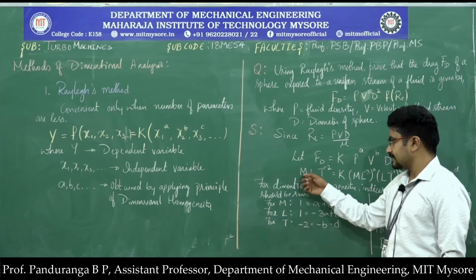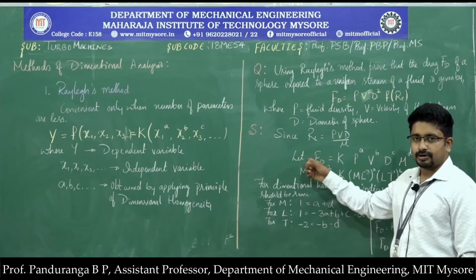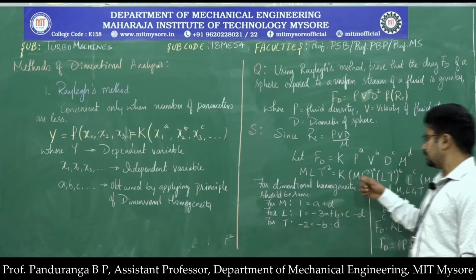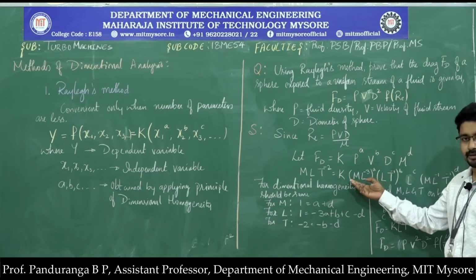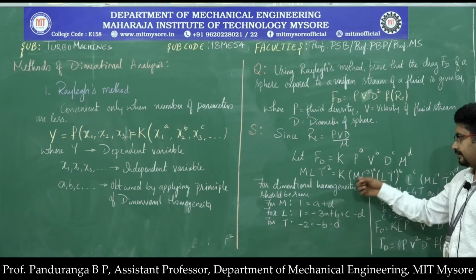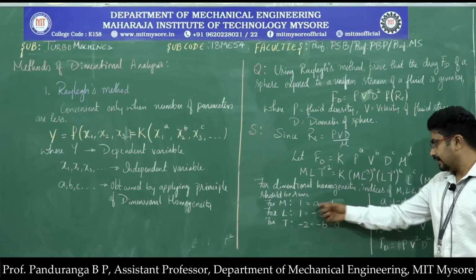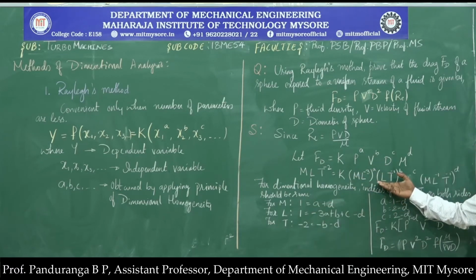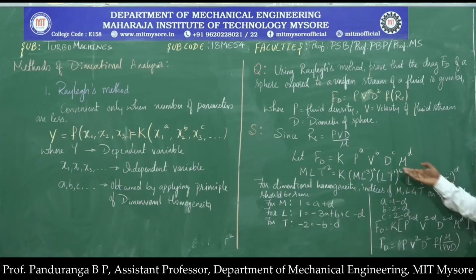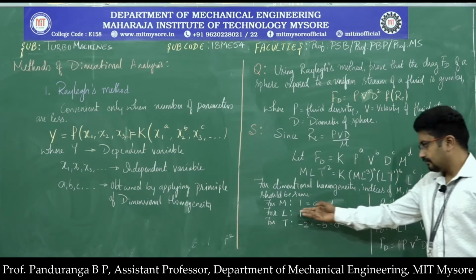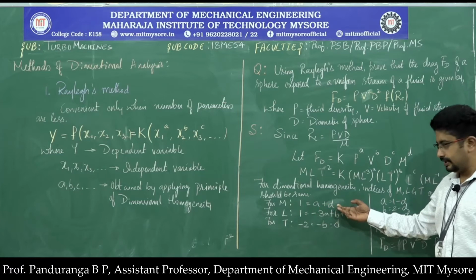For M, on the left hand side we have M to the power of 1, so 1 will be equal to, on the right hand side, M to the power of 1 into a, so we have a. Then for L and for velocity we do not have M, and when it comes to viscosity we have M to the power of 1 into d, so it is 1 equals a plus d.